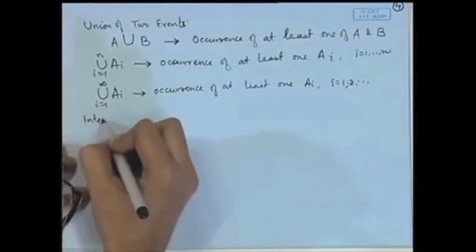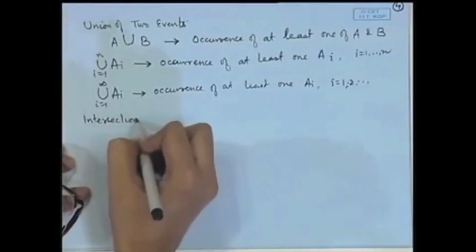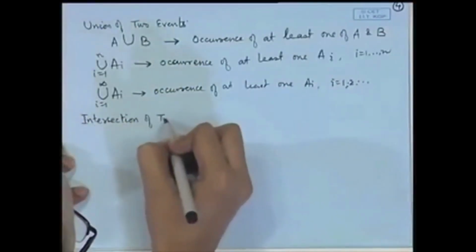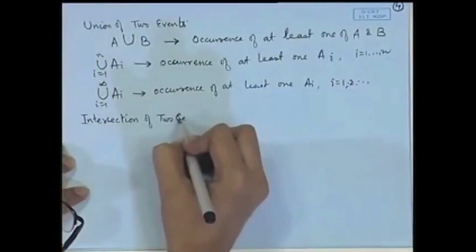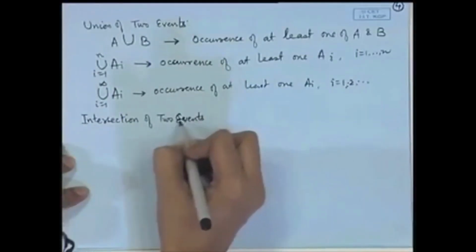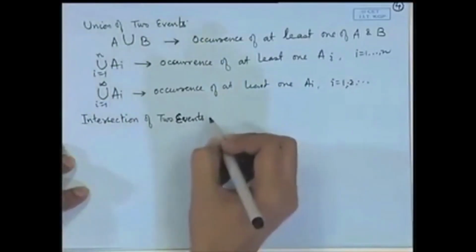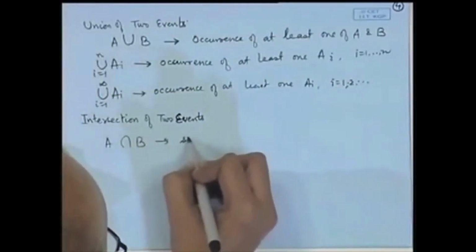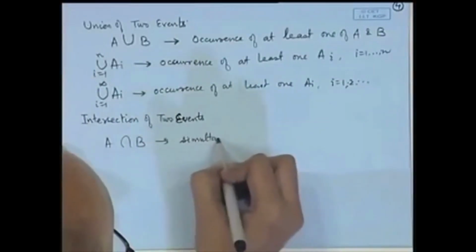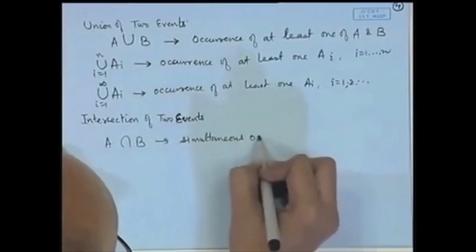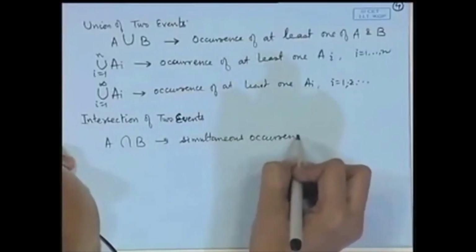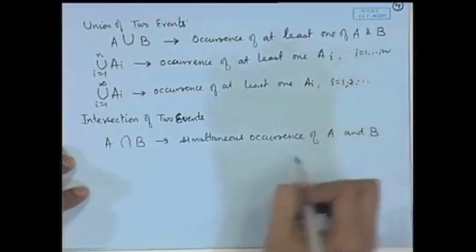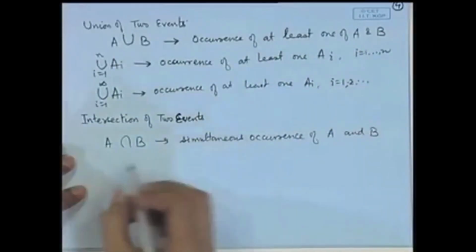Intersection of two sets denotes the set of all those points which are common to the two sets. Now, in set theory, that is the representation. In probability theory, A intersection B will mean the simultaneous occurrence of A and B. That means both events A and B are deemed to have occurred.